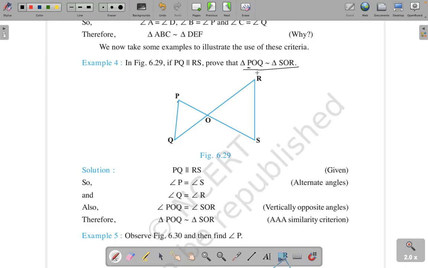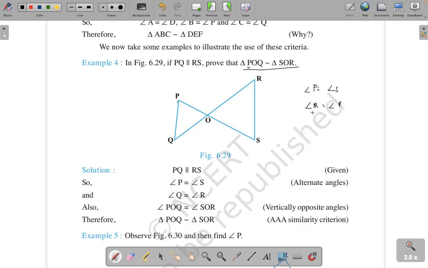So you can say since PQ is parallel to RS, angle P is equal to angle S, in bracket you will write alternate angles. Angle Q is equal to angle R, again alternate angles, and angle POQ equals angle SOR, right?